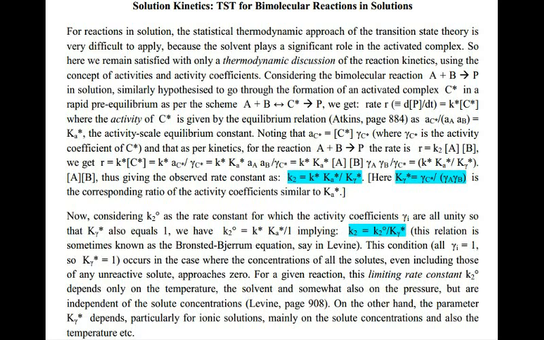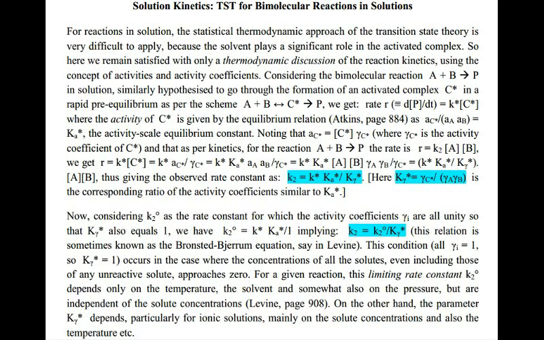Then in that situation the rate constant k2 will equal the limiting rate constant k2⁰. Now when this rate constant equals the limiting rate constant, we know that the activity coefficients as well as the ratio of the activity coefficients Kγ* will equal 1.